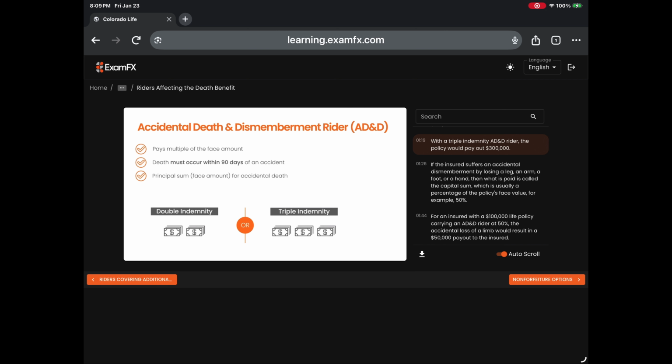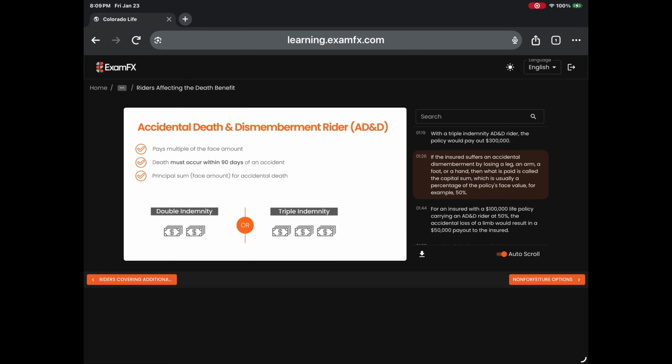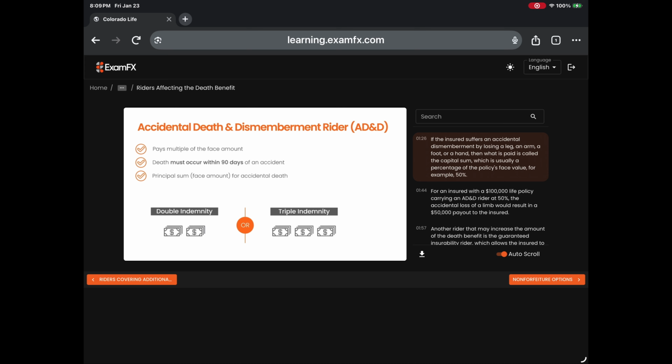With a triple indemnity AD&D rider, the policy would pay out $300,000. If the insured suffers an accidental dismemberment by losing a leg, an arm, a foot, or a hand, then what is paid is called the capital sum, which is usually a percentage of the policy's face value.